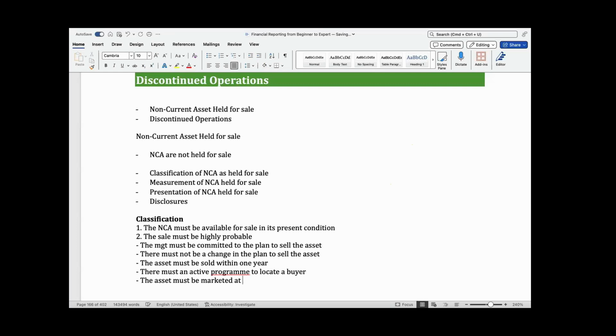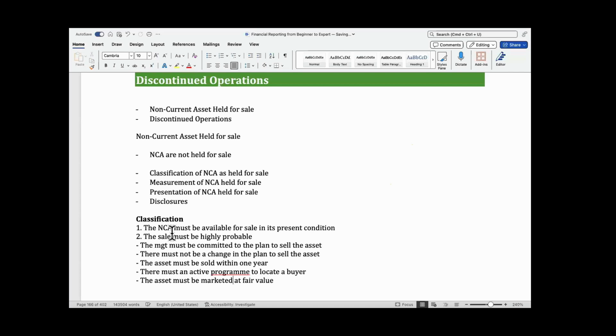Let me put it that way. At fair value. I just shortened it. I could elongate this: the asset must be marketed at a price that is reasonable in relation to its current market price. It's the same thing as saying the asset must be marketed at fair value.